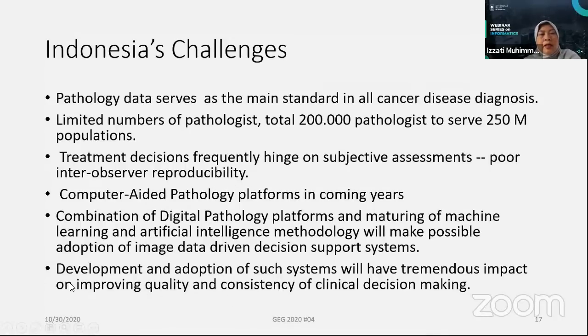Having adoption of such a system will have a tremendous impact on improving the quality and consistency of clinical decision making. So if we have a very high confidence level in this system, targeted therapy can then be done.